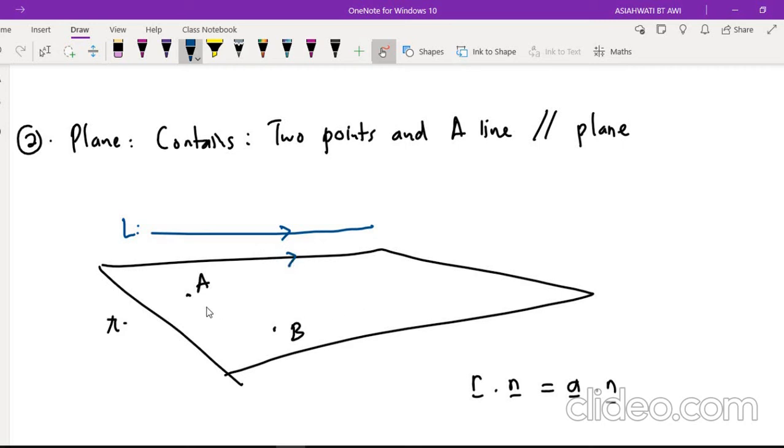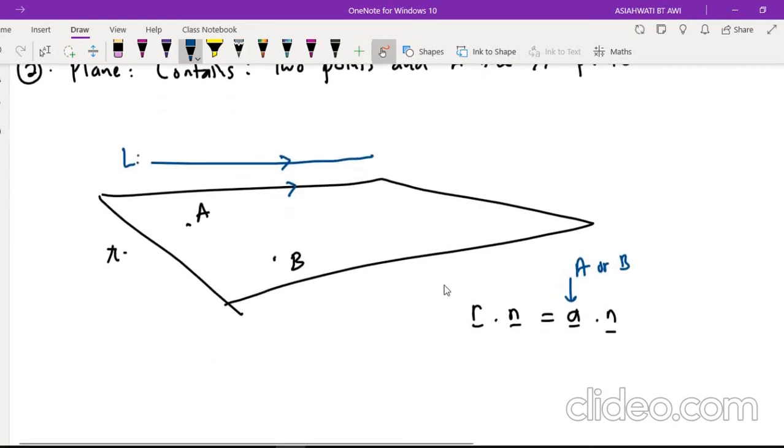For a, you can take coordinate A or coordinate B. The problem now is to find n, a vector which is perpendicular to the plane. To find n, you need to do a cross product between two vectors. Join A to B to get vector AB.